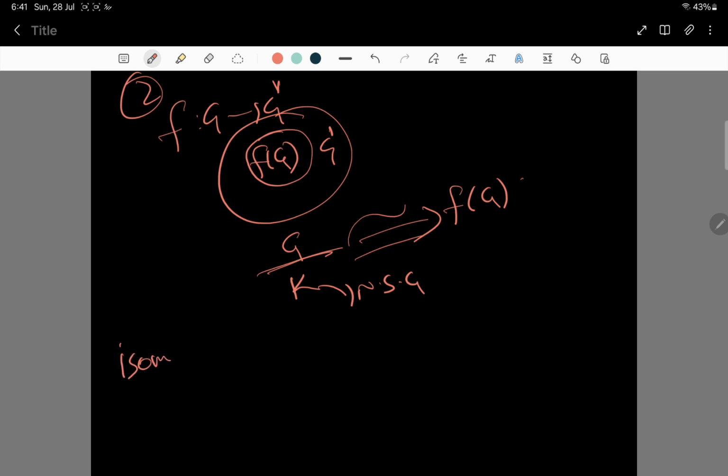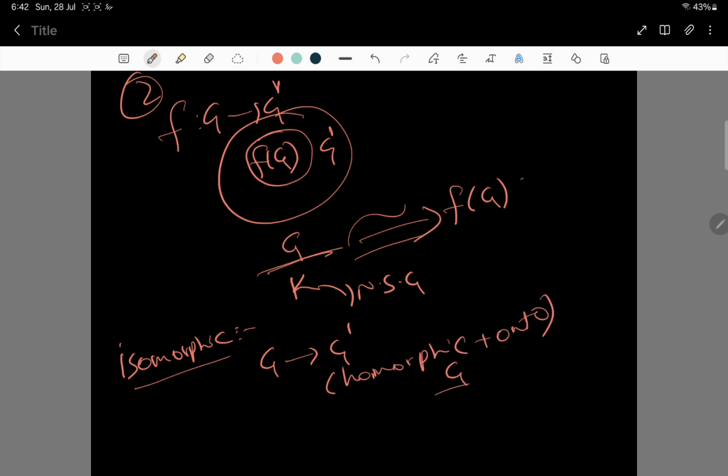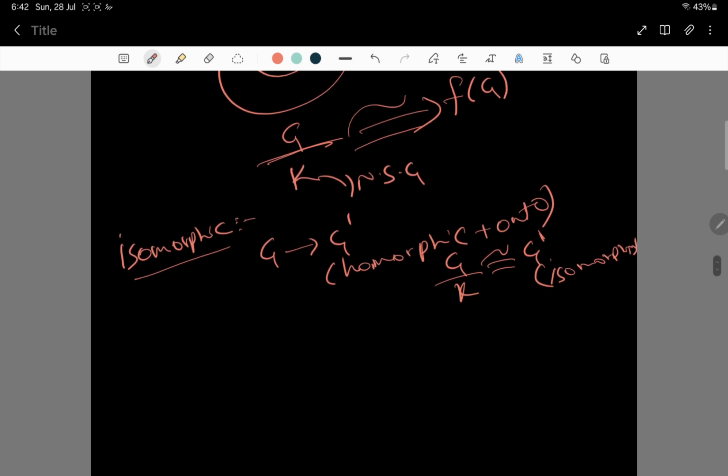we see the isomorphism theorem, right? So what does it say? If there exists a homomorphism from G to G dash and it is homomorphic and onto, then G by K to G dash there will be an isomorphism. This is the first isomorphism theorem. So here the catch is we have to consider G to f of G instead of G dash.